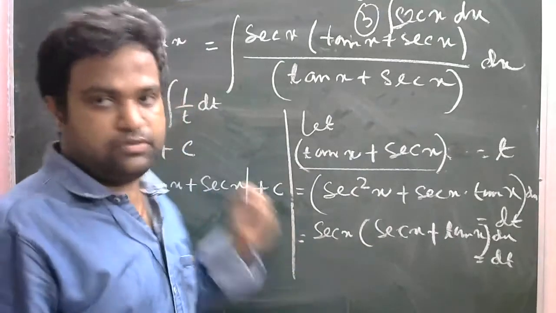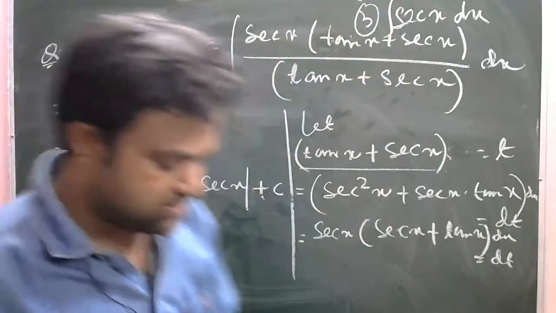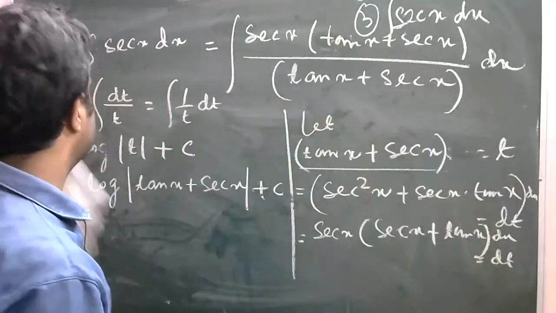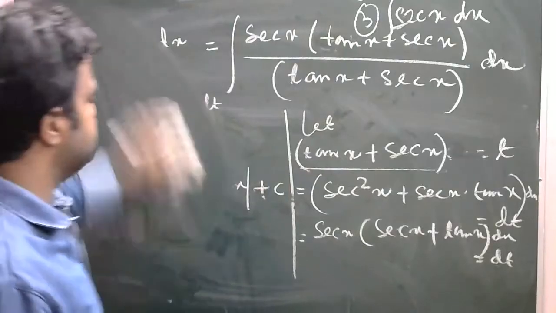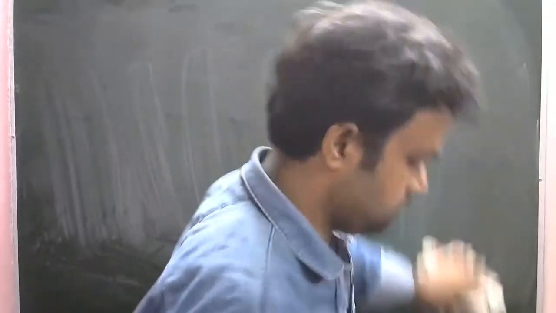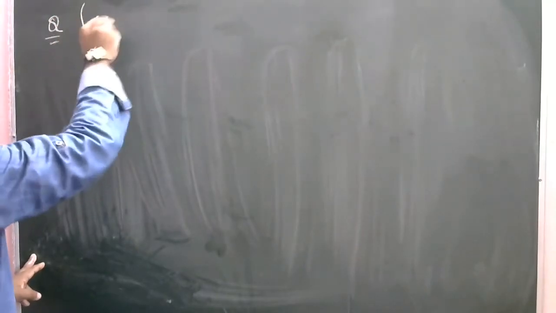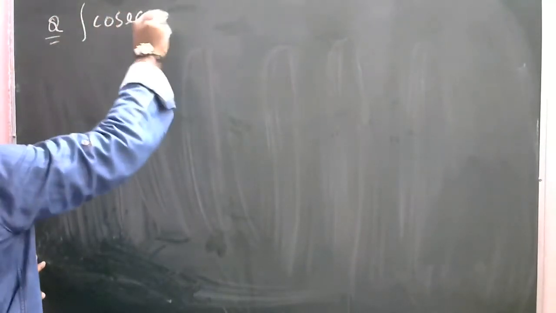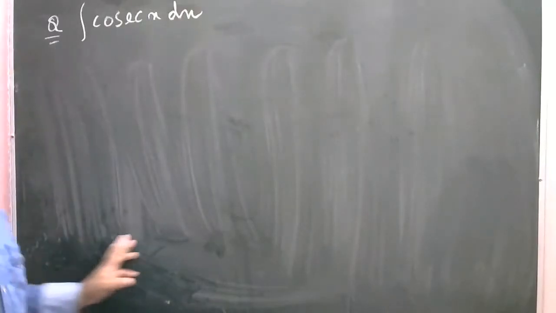Now the last one we will go for is cosec x. Integration of cosec x dx.